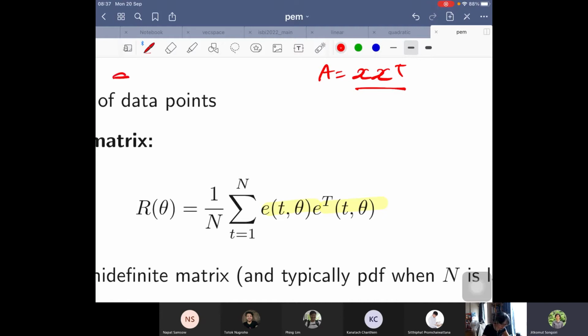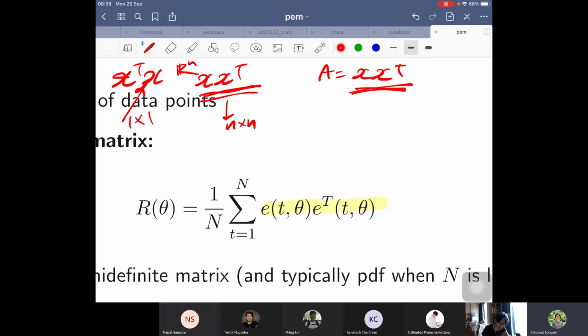Outer product and inner product are not the same thing. This is inner product, this is outer product. Inner product is a scalar, outer product is a matrix. If x is in R^n, x x transpose is a matrix of size n by n. What do you know about the positiveness of the outer product x x transpose?